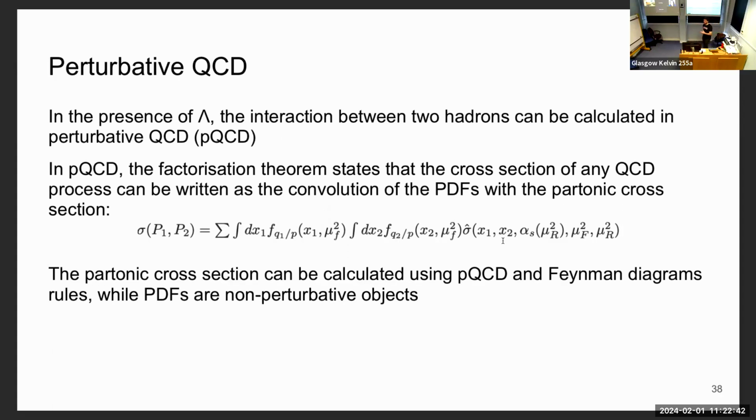So if you're colliding protons, PDFs can be recycled for each calculation. So in the end, you can measure the final sigma for P1 and P2 very easily. This is a very nice advantage because while PDFs are non-perturbative objects, if you do a calculation once, you can recycle them and use them for other calculations.